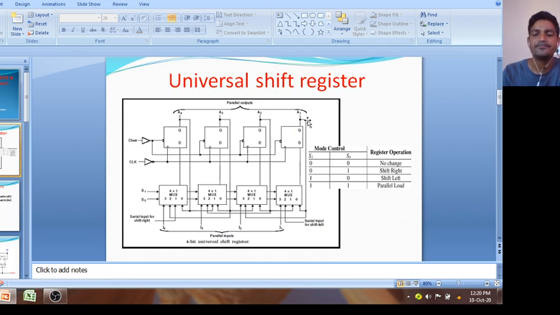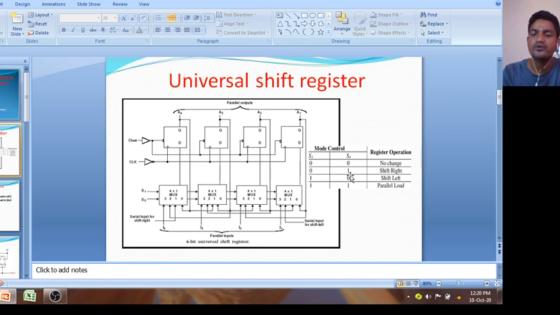So what is happening? When the value is 0 0, it means no change. No change means neither is data shifting from left to right nor from right to left. Whatever is the past value will be the next value. Next, 0 1 means data will shift in the right direction and you will use the I1 input of the multiplexer.